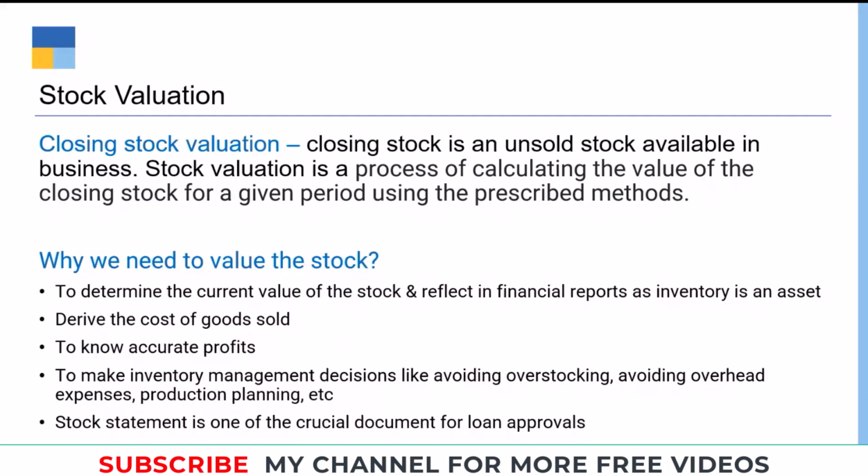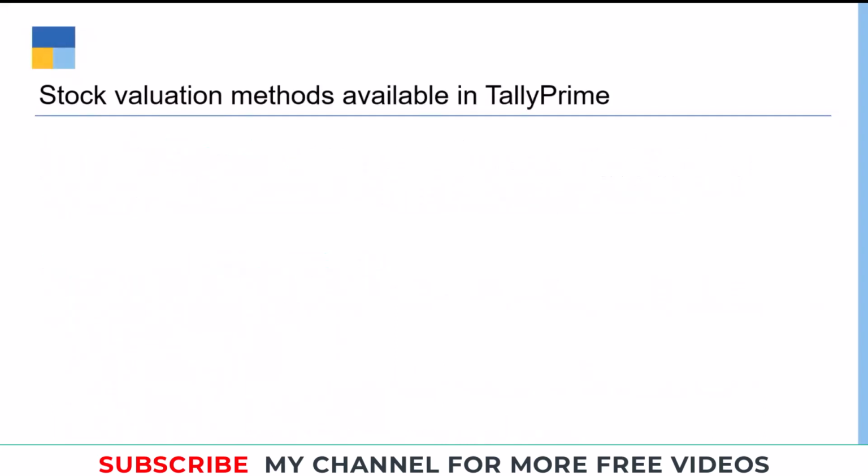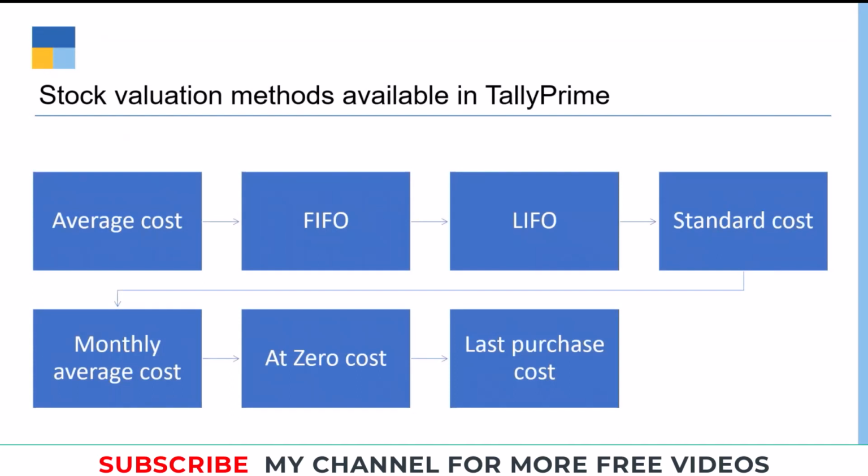Now let us understand what the different stock valuation methods available in TallyPrime are. These are some of the stock valuation methods which are available in TallyPrime. Almost all the standard methods which are widely used across different countries are already configured in Tally.